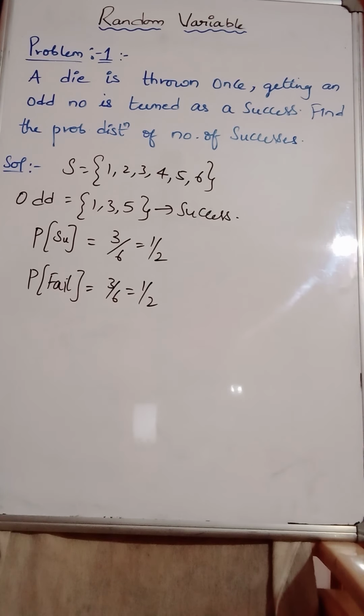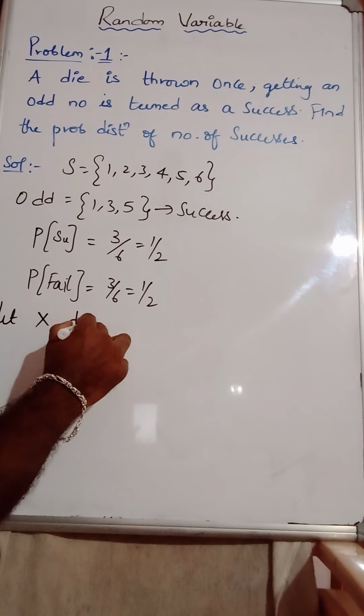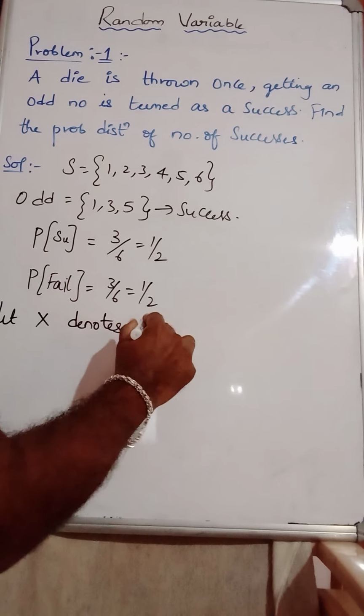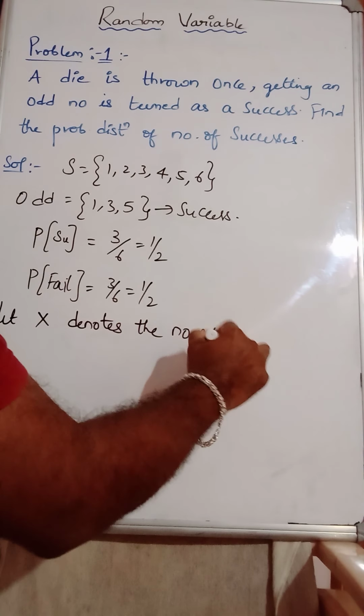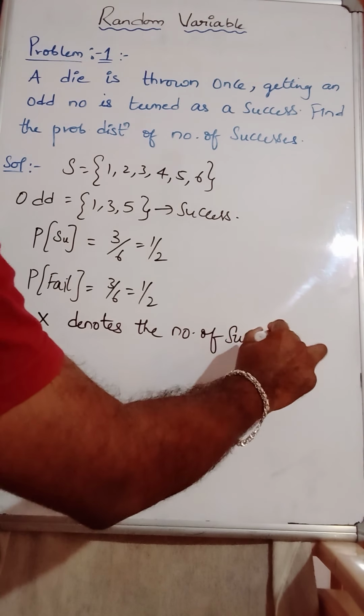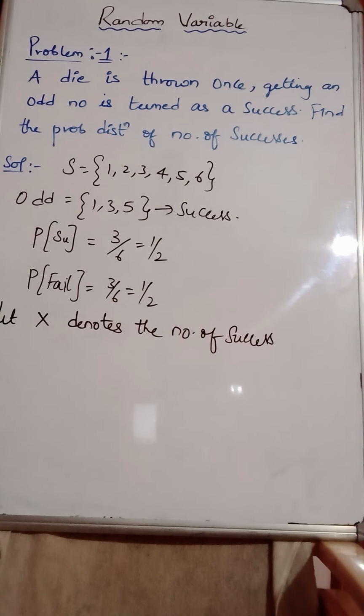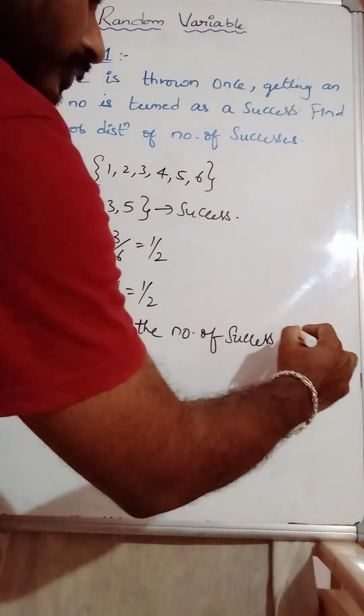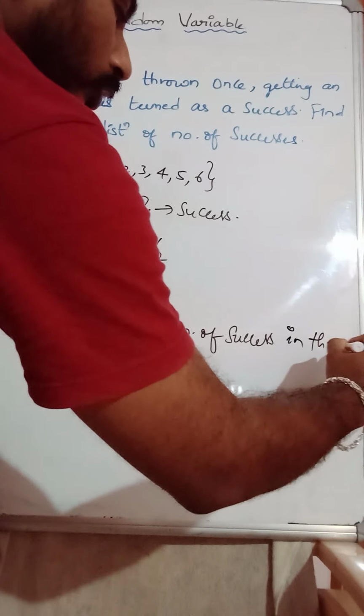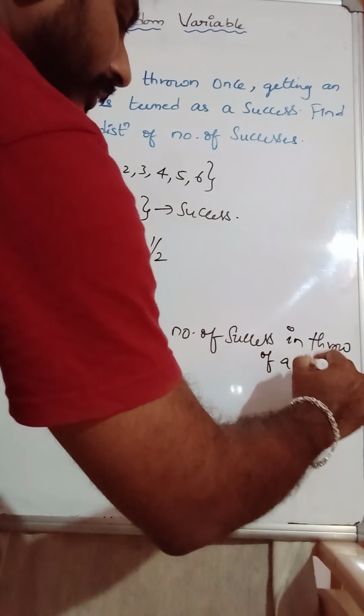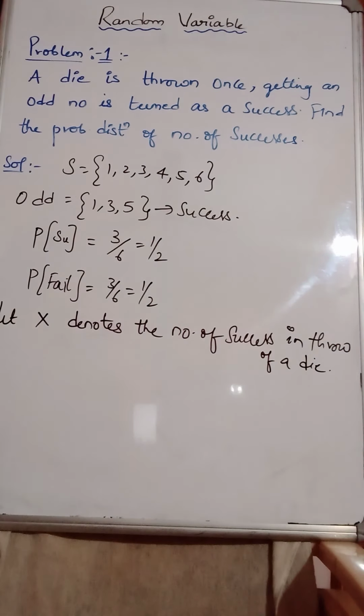Now let X denote the number of successes in a throw of a die.